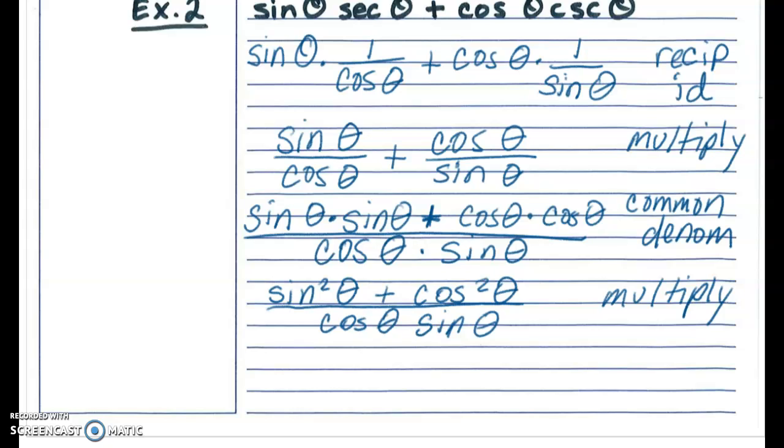We just used that. It's your first Pythagorean identity. What do we know that sine squared theta plus cosine squared theta equals? Yep, 1. So that's a Pythagorean identity. So now we have 1 over cosine theta sine theta. Almost out of space.